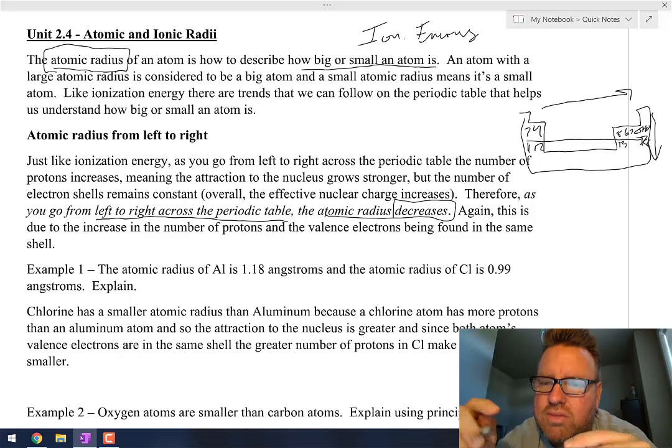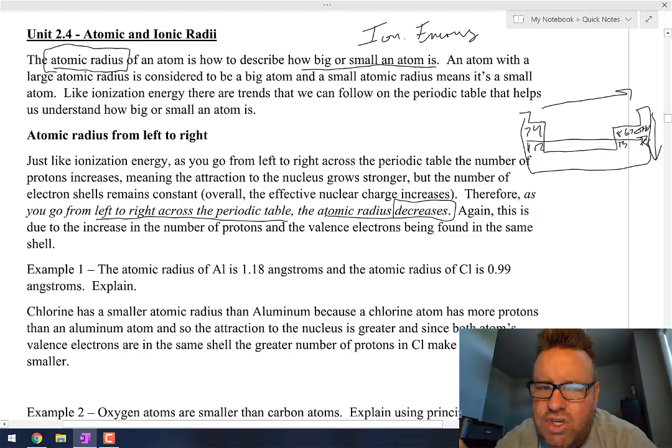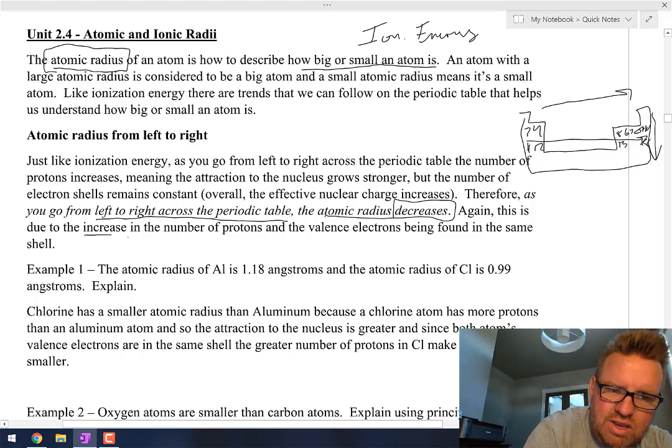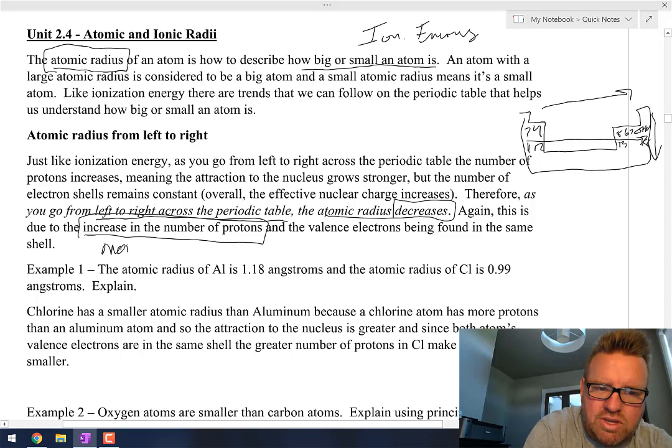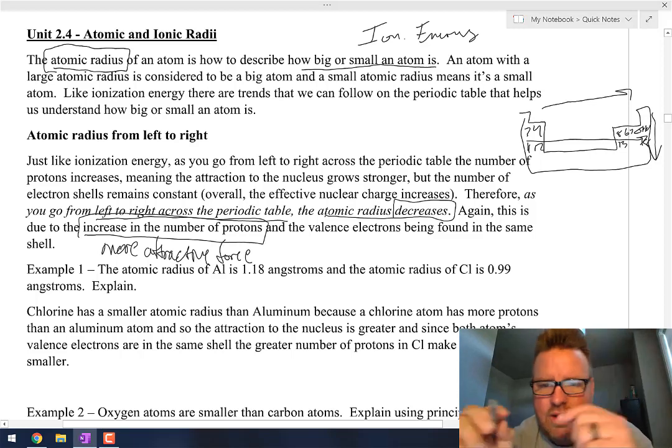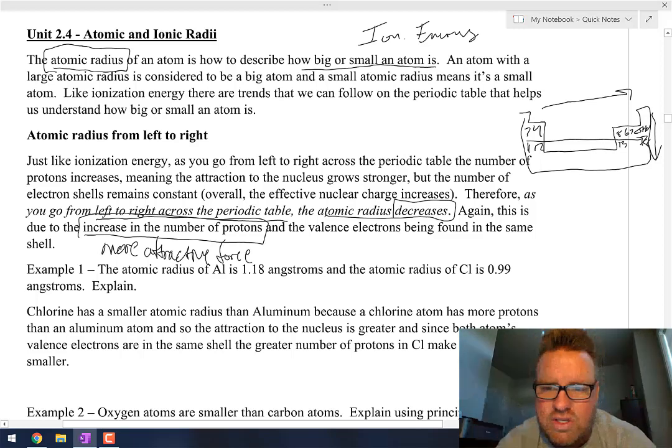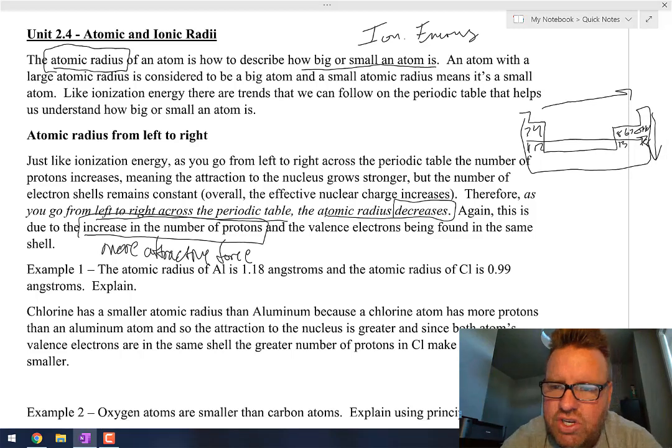More protons means more attraction. So there's an increase in the number of protons, and therefore there's more attractive force between the protons and the electrons.